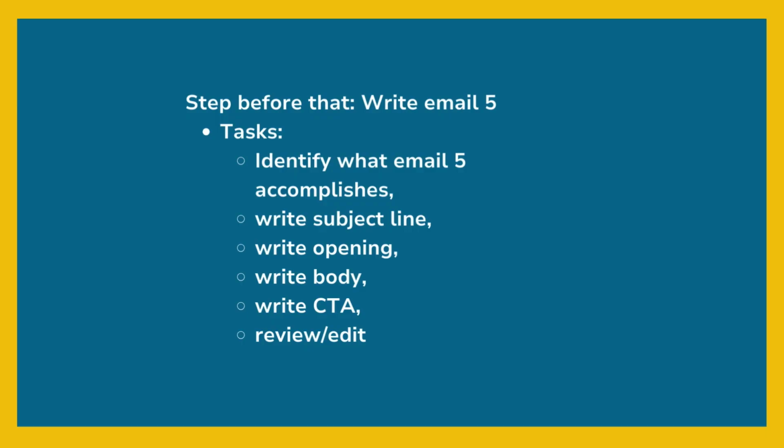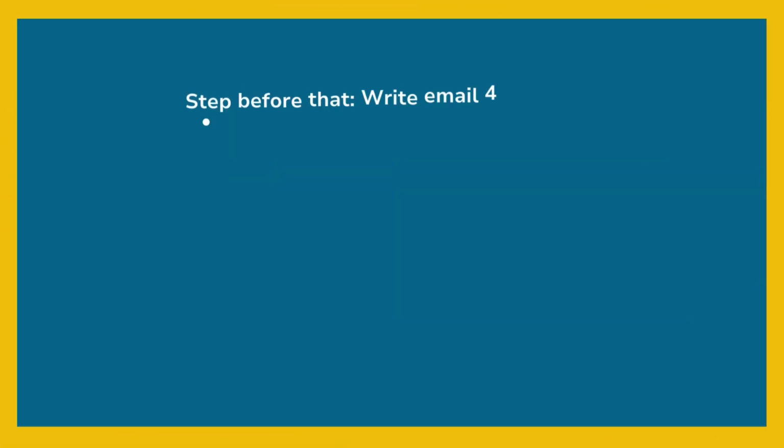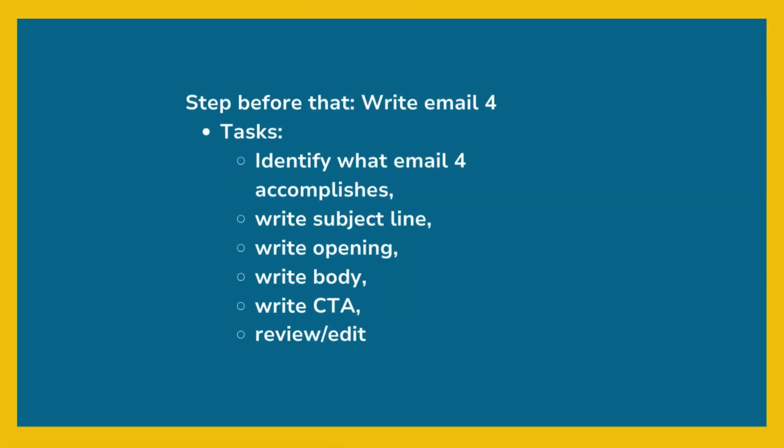Perfect. What is the step right before you move on to writing email 5? You, of course, write email 4. And then what are the tasks, right? So for writing email 4, I need to identify what email 4 is supposed to be doing. What's the goal here? I need to write a subject line, an opening, a body, a call to action, and then review and edit, right?